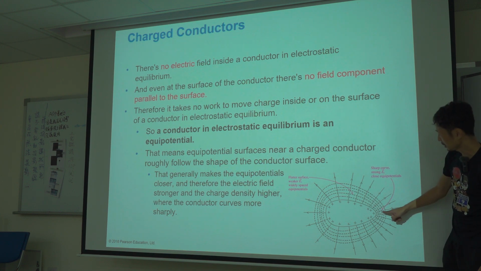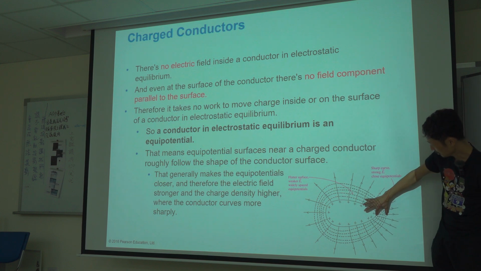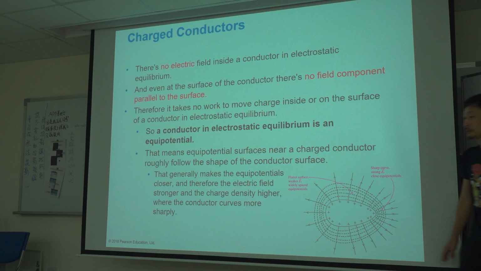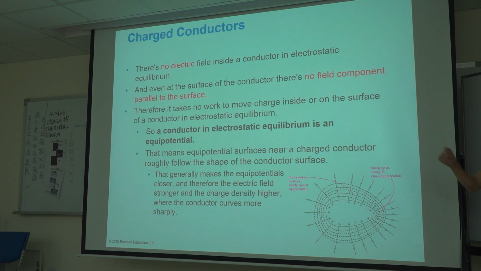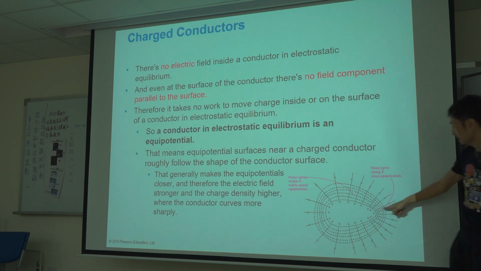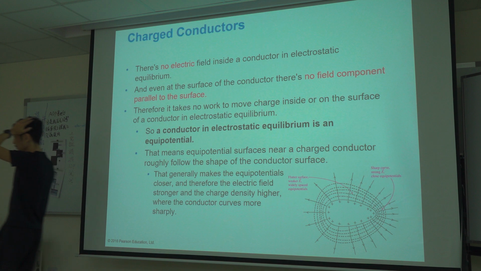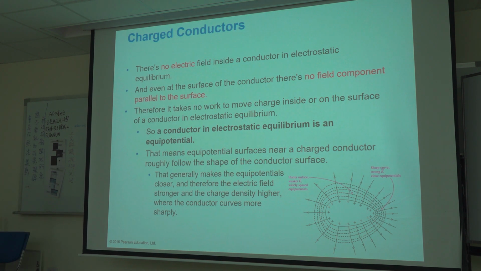You can tell, right? Here the equipotential is denser compared to here. So if you want to make an electron laser or something like that, you need a very sharp edge right here to make the potential higher and the electric field higher. Sorry.